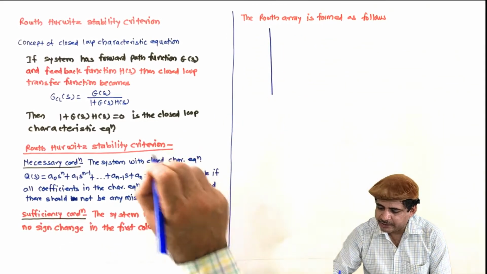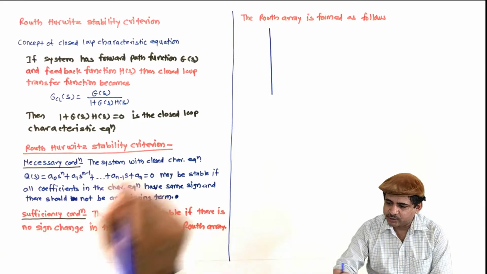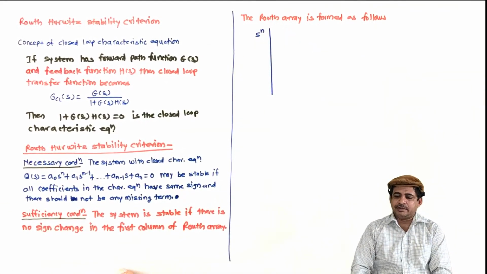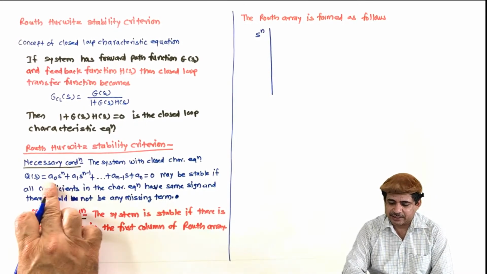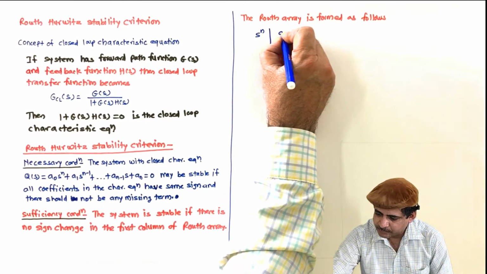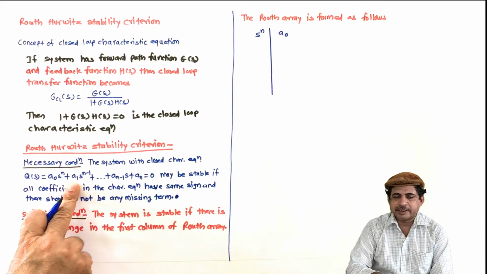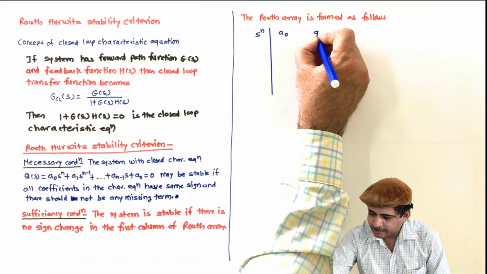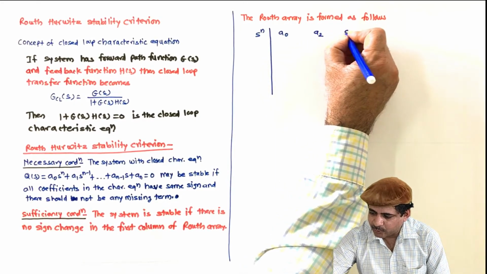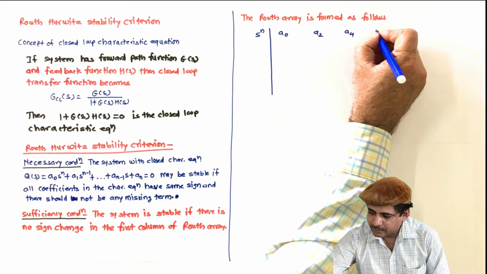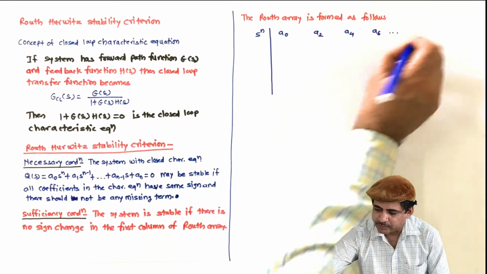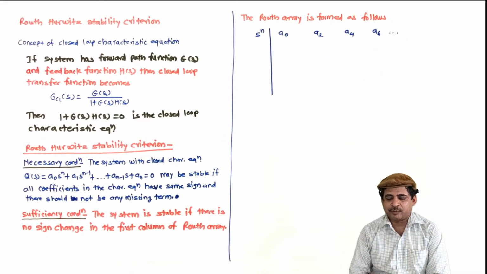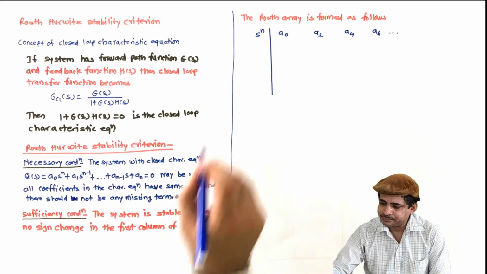In this array, the highest power is s raised to n, so the first row corresponds to s raised to n, and the coefficients are taken starting with a0, then next is excluded, next to that will be a2, then a4, then a6 and so on up to either an minus 1 or an, depending upon whether n is even or odd.